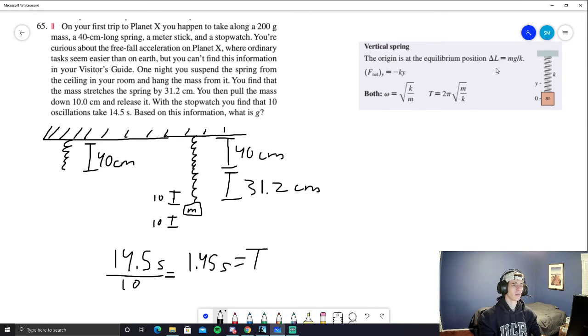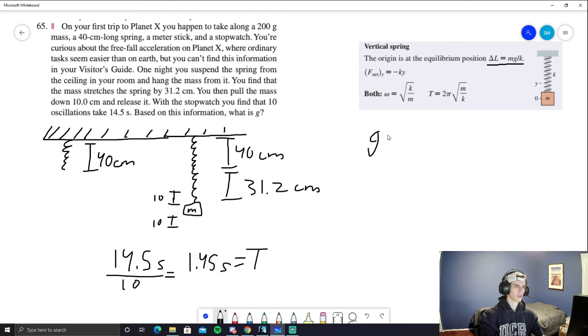Now let's look at this equation sheet provided by the book, in the back of chapter 15, and notice that the question gives us a lot of information that we could use. It gives us the change in length, 31.2 centimeters, and it gives us M. So perhaps we could rewrite this to solve for g.